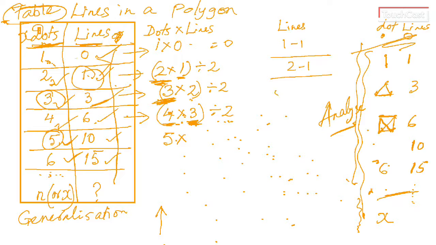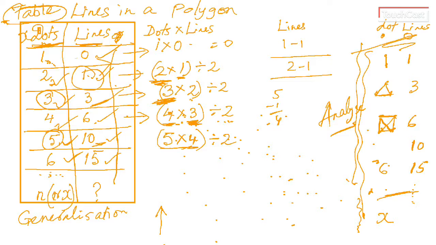So 5 minus 1 is 4, and then that gives you 20. Halve that, that gives you 10. Now you can look at the pattern.